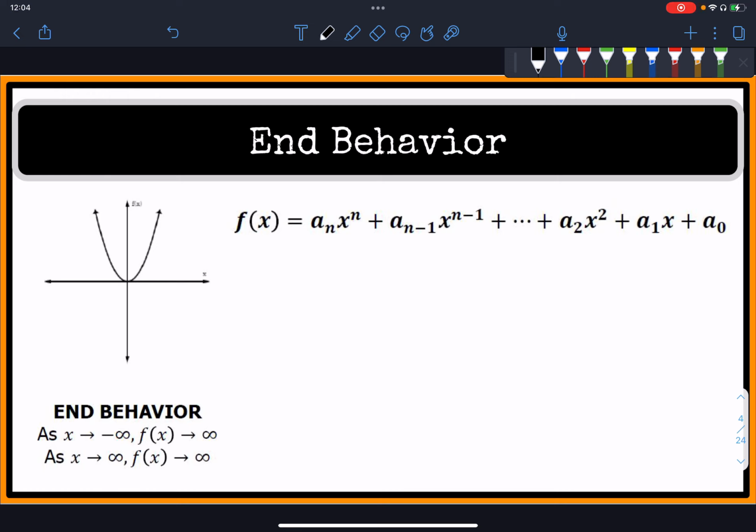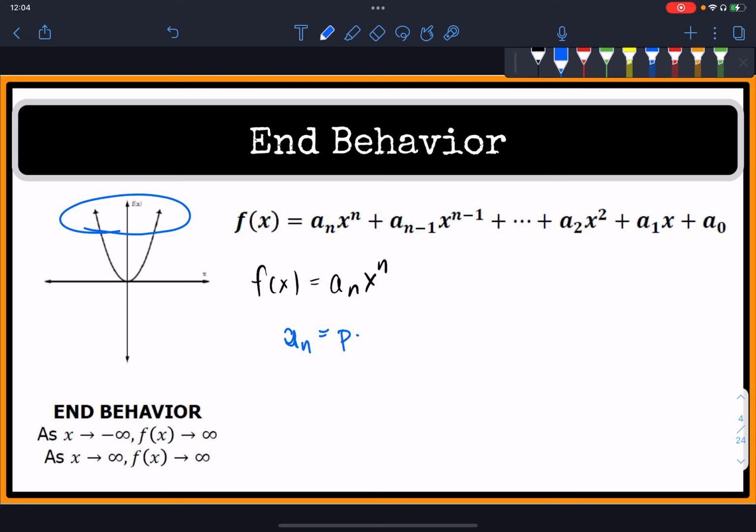We have this polynomial. In order to determine if this polynomial is going to behave like this power function here, we simply have to look at the leading term. So all we have to do in order to determine if our two ends are going to be pointing upwards is to look at the leading term and know what causes the two ends to point upwards. So for a power function to look like a quadratic right here, our value of a, which is right now a sub n, has to be some positive real number.